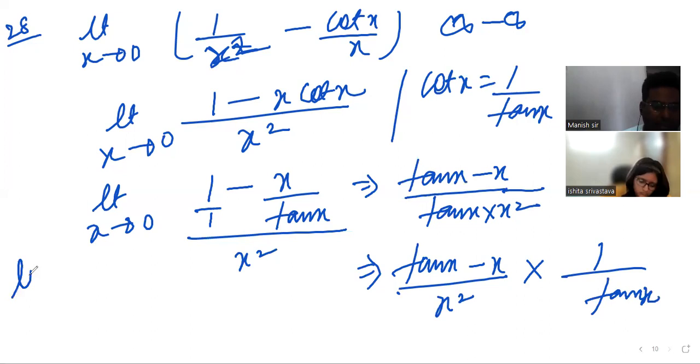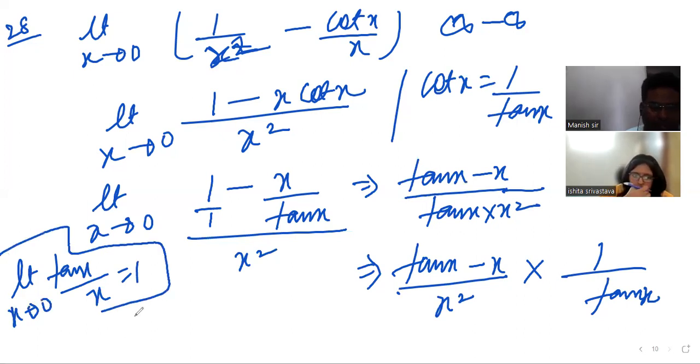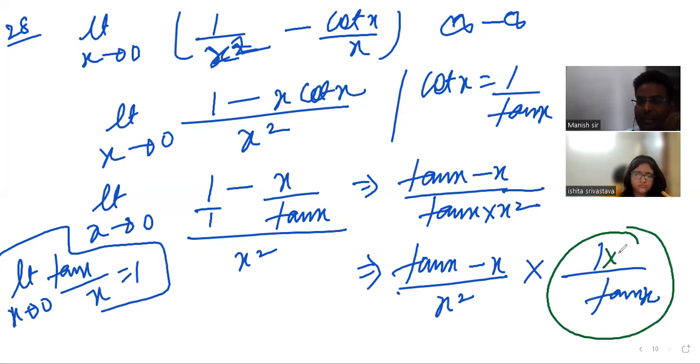As we know, limit tan of x by x is nothing but 1 when x tends to 0. So I will use this identity here. You can see here it needs x, so I will multiply with x and divide with x. So this will become 1. So remaining is tan of x minus x divided by x cube, limit x tends to 0.